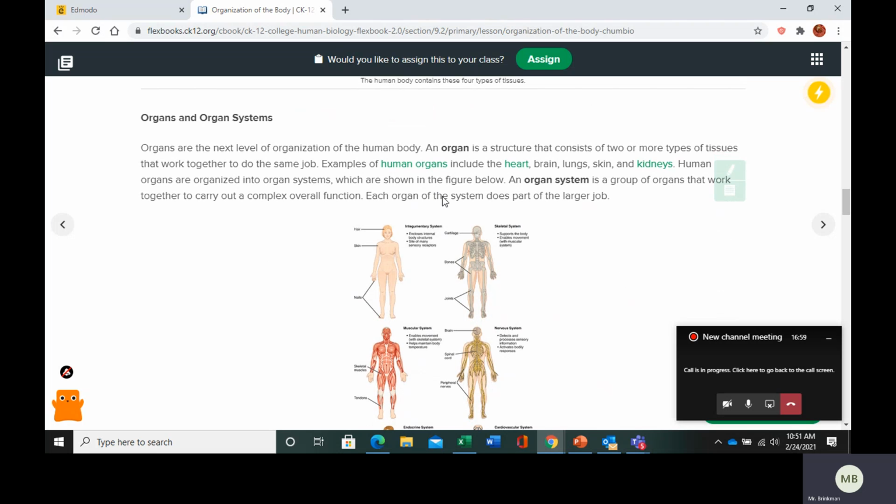Organs and organ systems. So when we get 2 or more types of tissues working together, doing the same job, we get organs. A few examples: heart, brain, lungs, skin is your largest organ, kidneys, stuff like that. And then when we get a bunch of organs working together, we get an organ system. So they show all the organ systems here, down here.